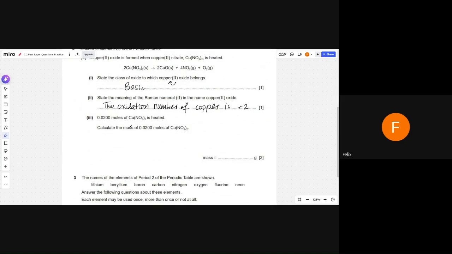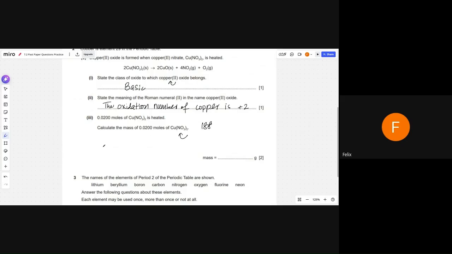0.02 moles of copper nitrate is heated. Calculate the mass of the moles. For this, you need to calculate the molar mass of copper nitrate, which we can do with the help of the periodic table. So it is 188.